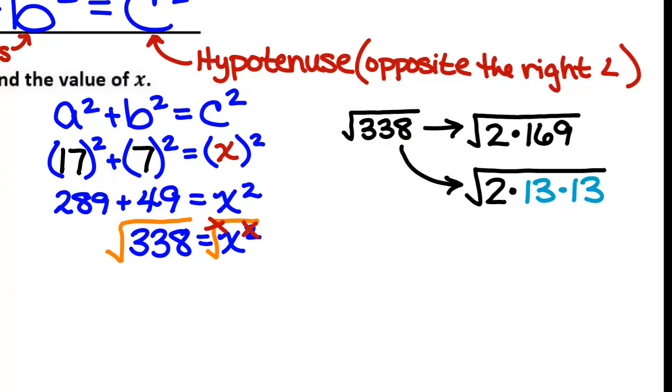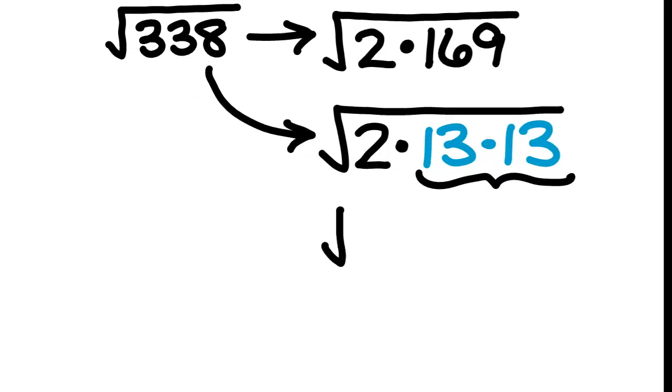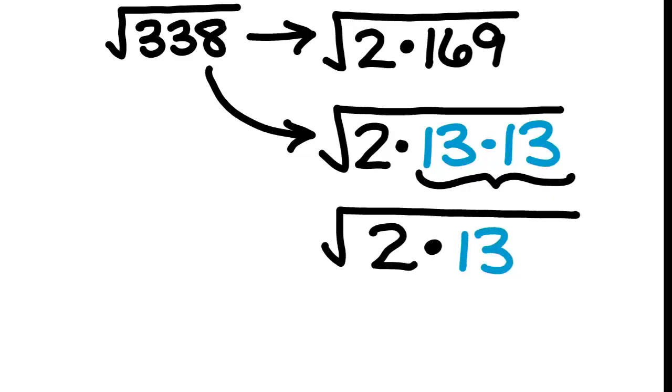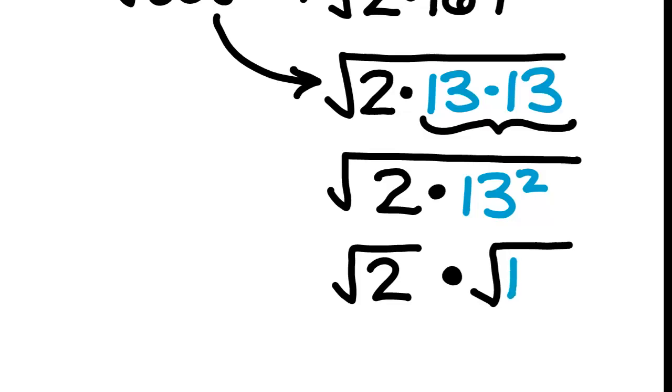What do we normally call it when we take something times itself? If you do a number times itself, what do we call that? Squared. So when I have this 13 times 13, that would be the same as 13 squared. The square root of 2 times 13 squared. When I have multiple things underneath a radical that are being multiplied together, I can give them their own radicals. So I could turn this into the square root of 2 times the square root of 13 squared.